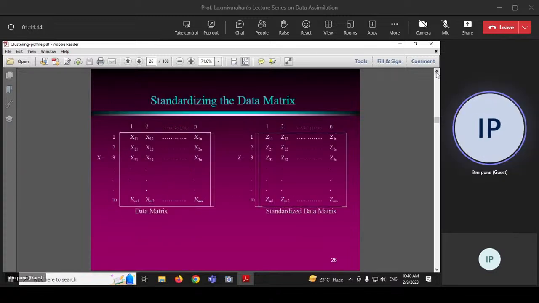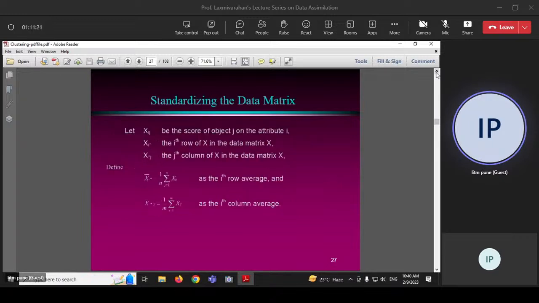So standardization, I already talked about the Z score. We all know the basic Z scores, right?